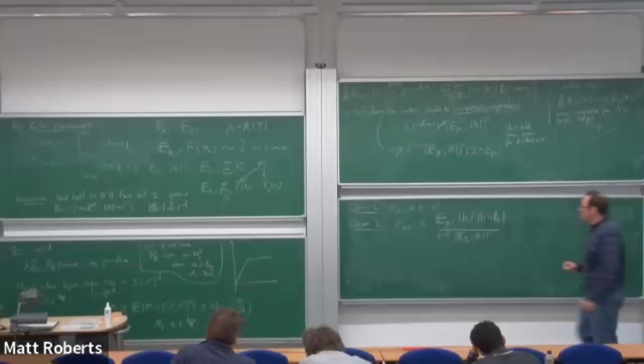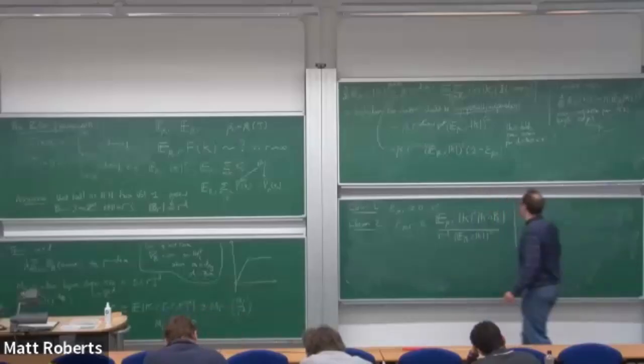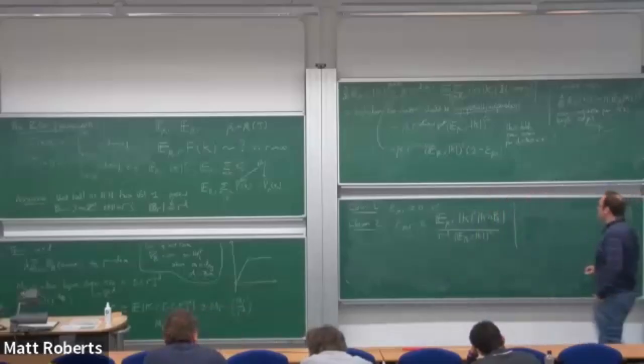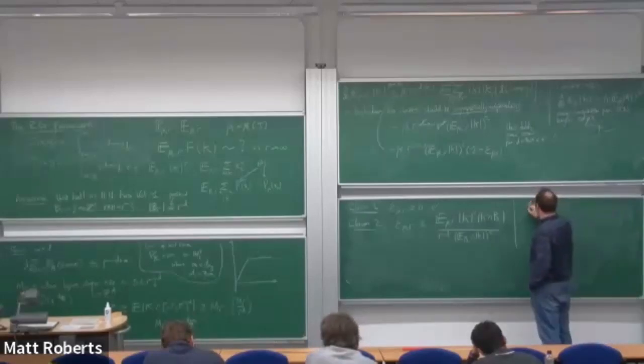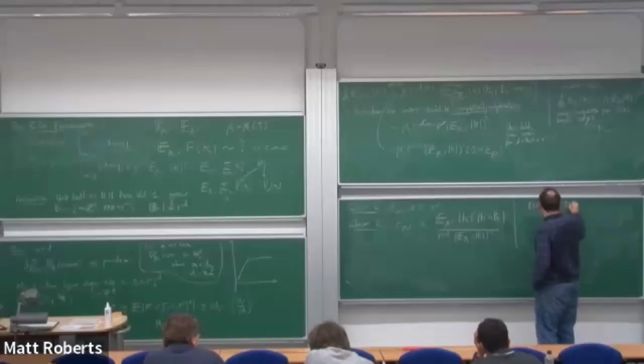Well, here's the idea. We're just going to do this very useful sort of silly trick that we write this indicator as 1 minus the other indicator, right?